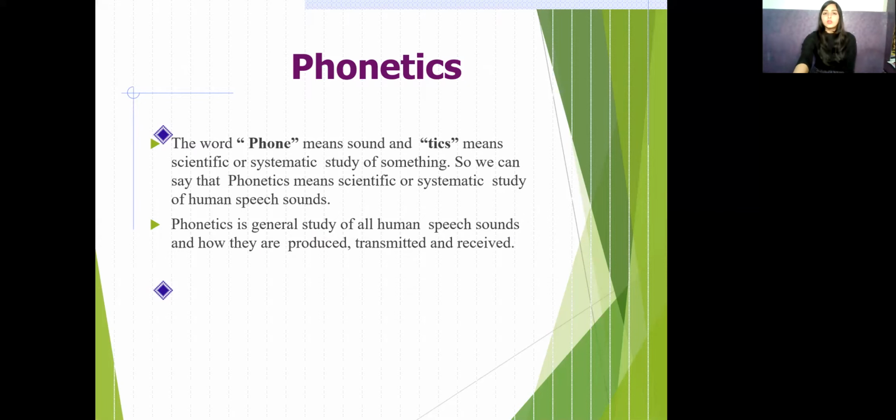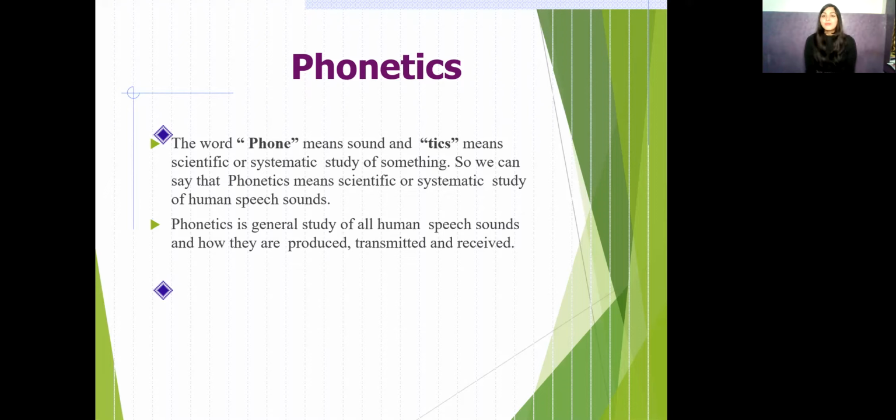The word phone means sound. Everyone knows why we say pick up the phone, because there's a sound coming from it and you're going to talk to someone. Therefore, phone means sound, and we are going to learn phonetics. What do you mean by tics then? Tics means scientific or systematic study of anything. You say tic tac, right?